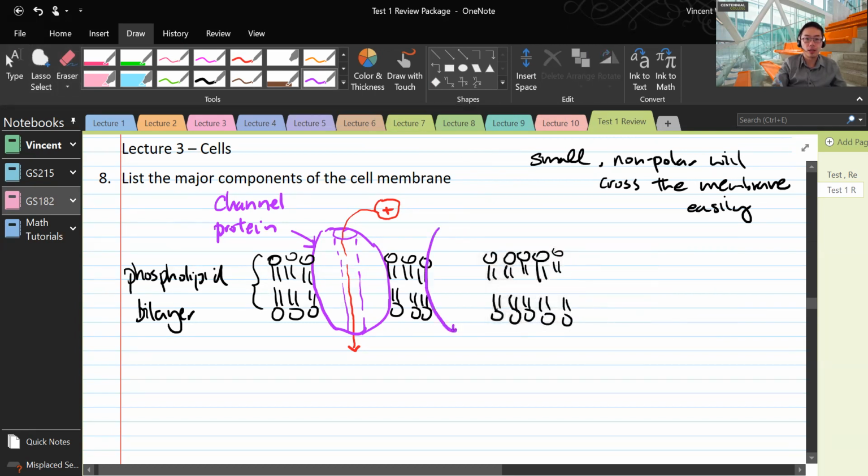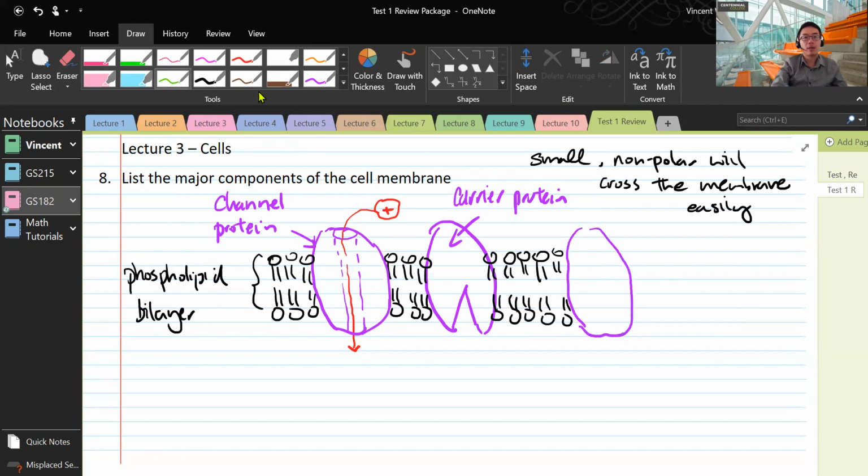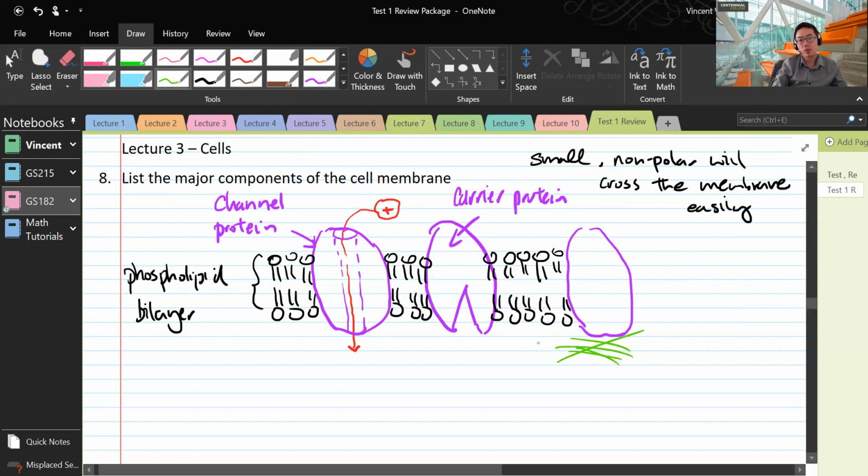So there is your carrier protein, which is your Pac-Man. It will grab on to a particular substance, it will change shape, and then it will open up on the other side and bring it out. So this is kind of like a revolving door, and this is just like a tunnel for things to go through. So this would be carrier protein.